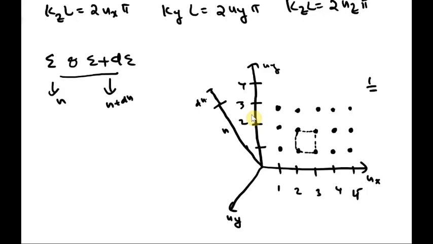So n is nothing but a general vector in this n space, and corresponding to E, if you want to find the number of possible states, we just have to find how many such cubes there are if you construct a volume with radius n, like a spherical structure I can draw here by using n as the radius and dn as the thickness of it.